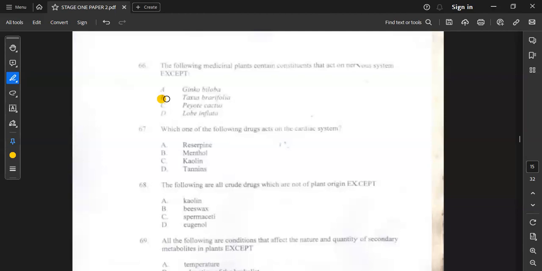Aspirin, menthol, kaolin, or tannin? Aspirin, right? It's used as an antihypertensive.